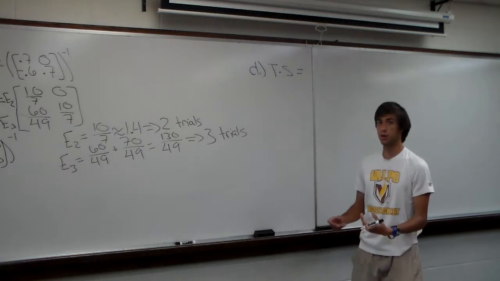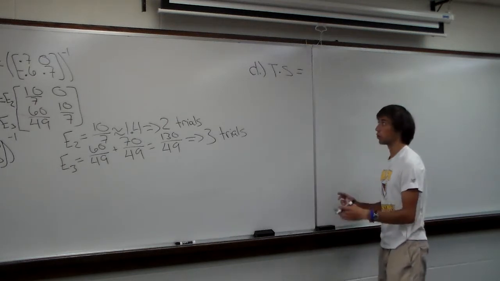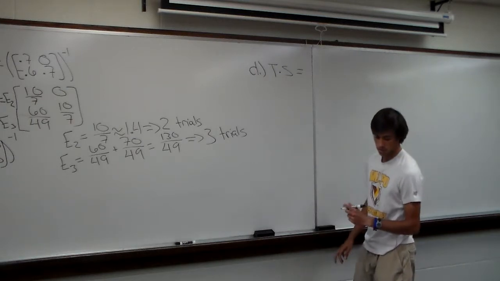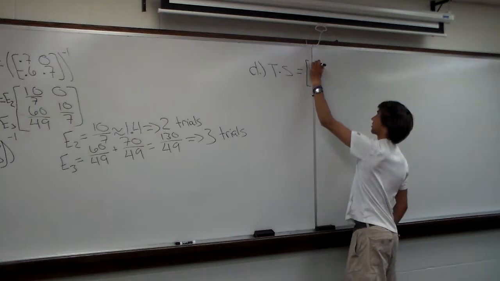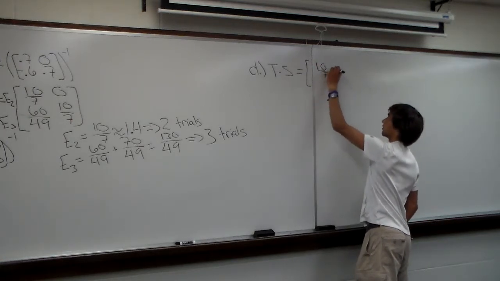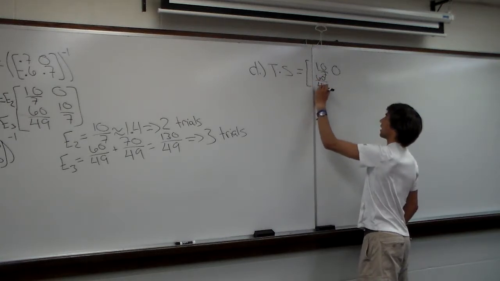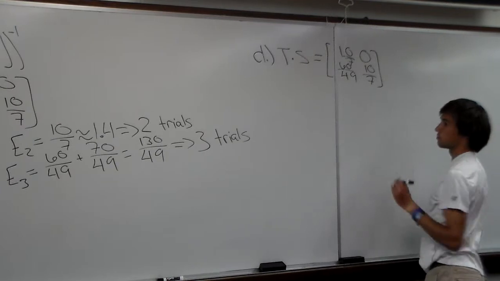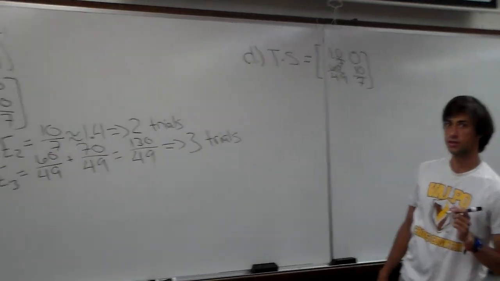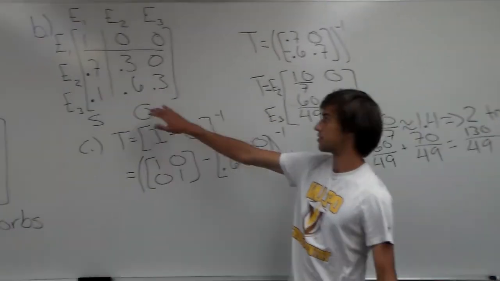So this will tell us the probability of starting out with a C or a D and getting to an A, or getting an F and getting to an A. We take our matrix T, 10 over 7, 0, 60 over 49, and 10 over 7, and multiply it by our matrix S, which is this matrix right here.